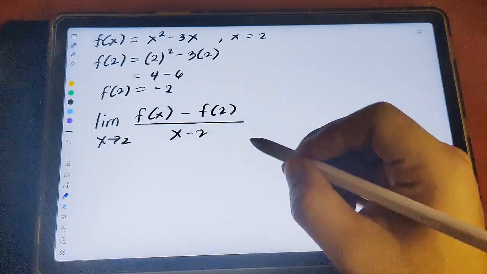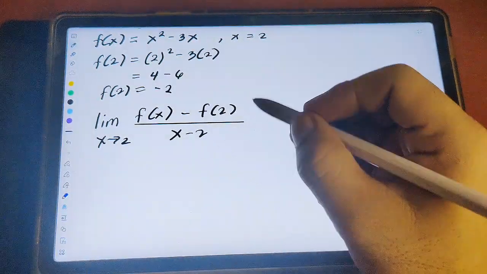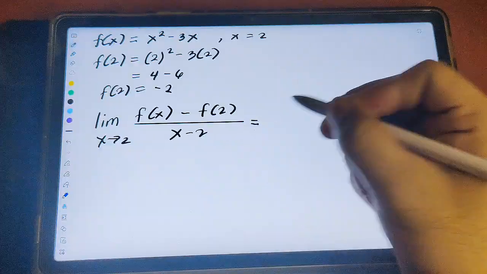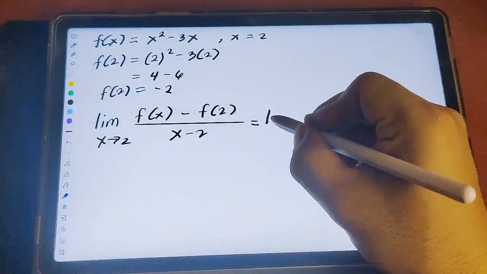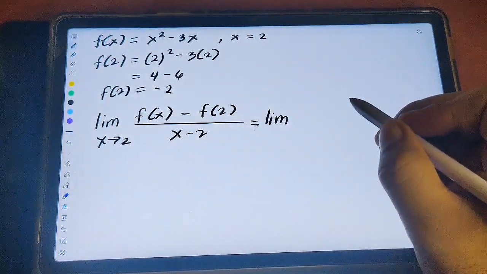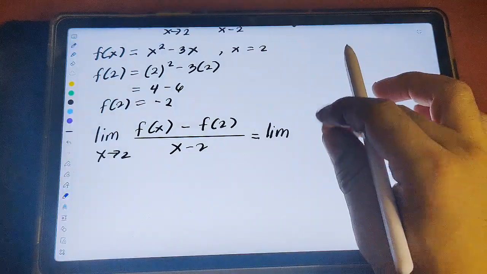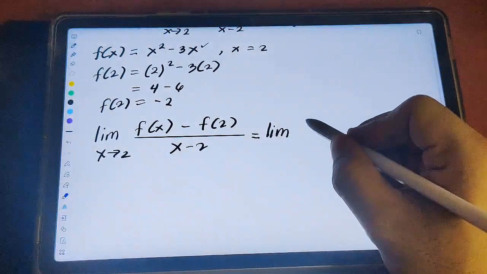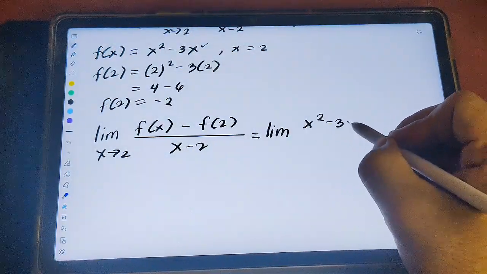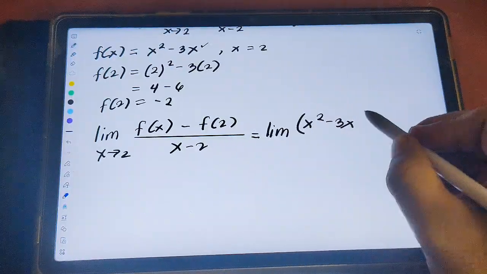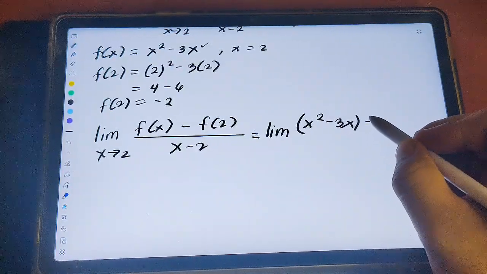Okay? Now, we have the limit of, what is f of x? f of x is x squared minus 3x. And then minus f of 2.